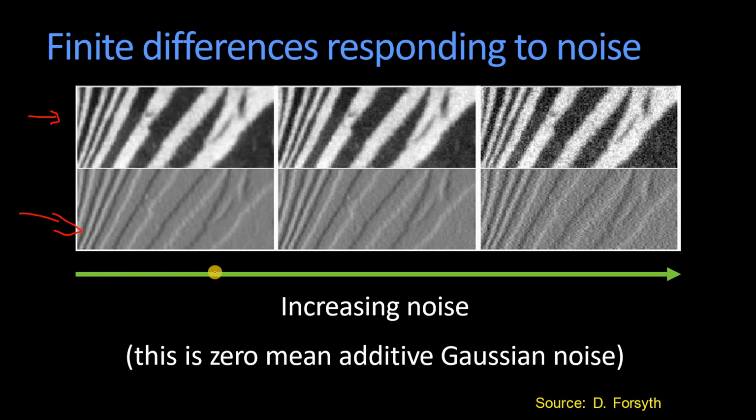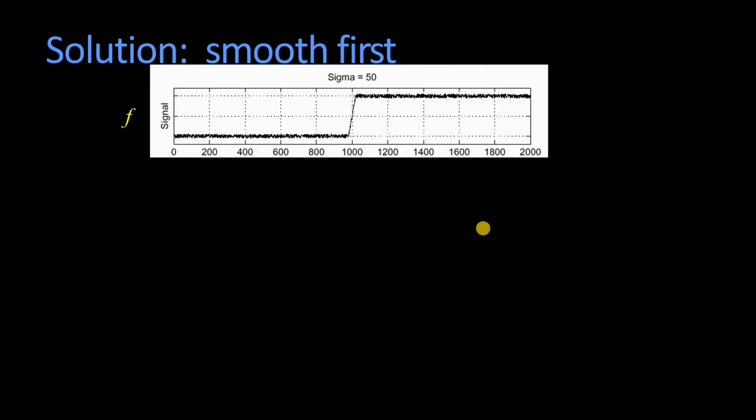When we increase the noise in the image, the image gradient also gets lots of noise in it. But in our lab work it is clearer. I don't feel this one is much clearer.